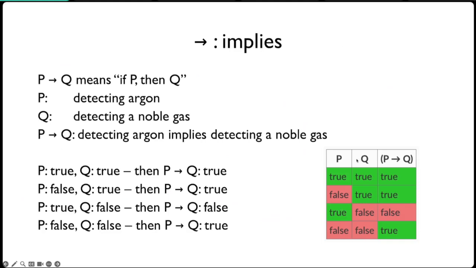Like I mentioned last time, theorem provers, logical systems, they'll often define what implication means by way of the truth table.